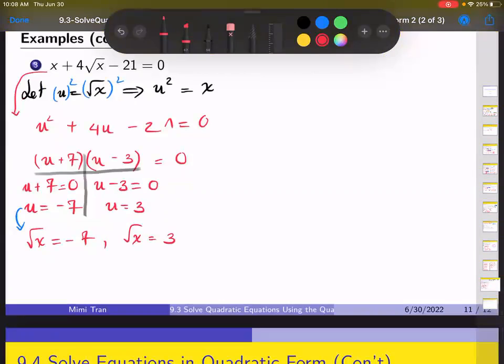How do I solve for x? I want to get rid of that square root. What cancels square root? Square, right? If you square the left, you square the right. So x equals -7 squared, which is +49, and x equals 9.